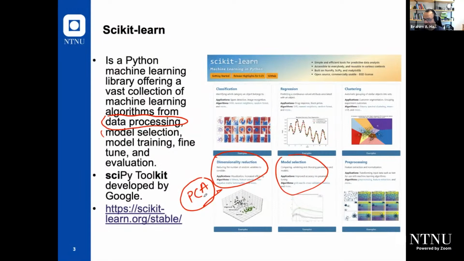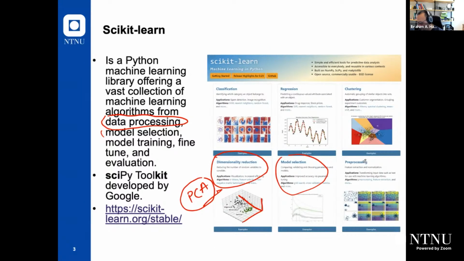Imagine that we have a data set which has 4 input features. It will be very difficult to visualize it in 4-dimensional space. But if we can convert it from the 4th or 5th dimension into the 3rd dimension, it will be easy to visualize it in 3 dimensions, as you can see here. So dimensionality reduction is something very important.